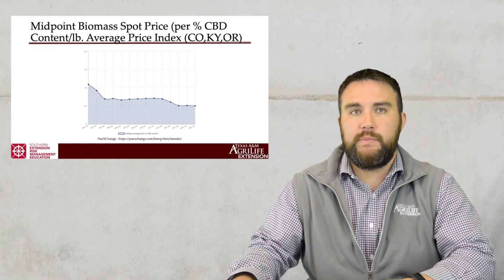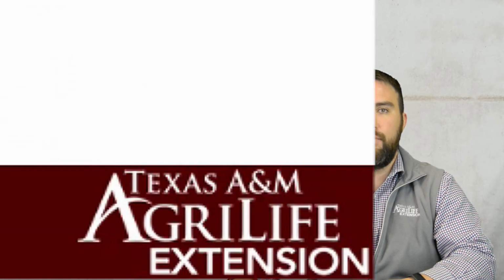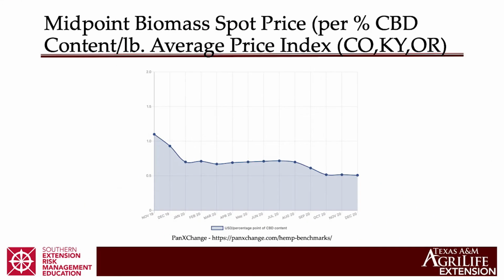As I said earlier, there's been quite a bit of variability in the CBD price over the last few years. We have here November 19 prices on the left-hand side, all the way out to December 20 prices from the Pan Exchange Commodity Exchange website. This is the biomass spot price on a percentage of CBD content on the average price index. What we have here, you can see, is a price falling from $1 per percent down to about 55 cents per percent.